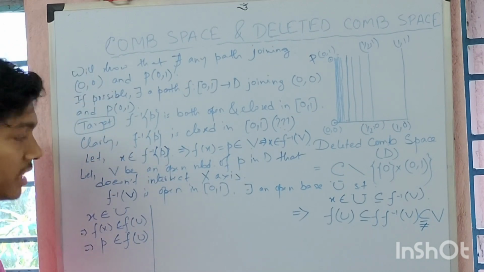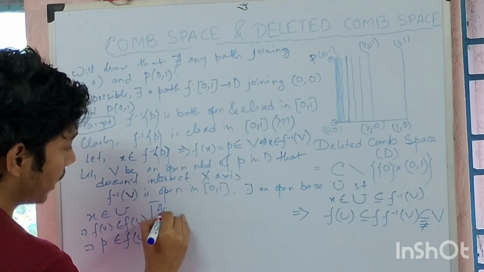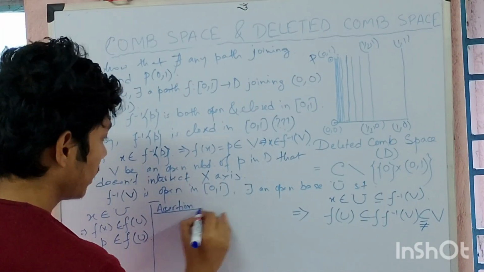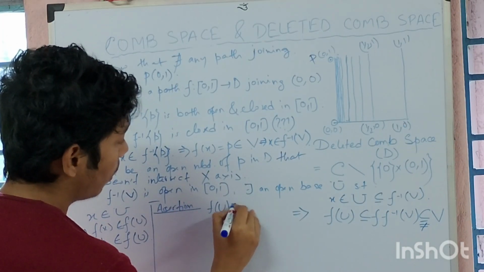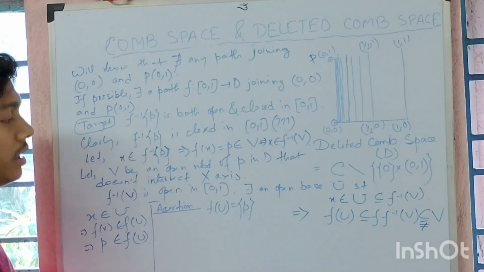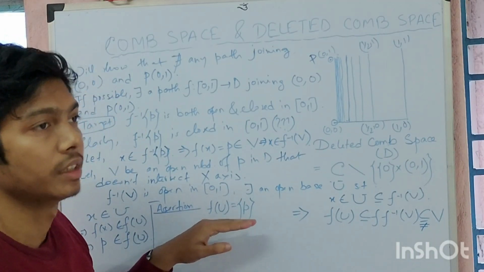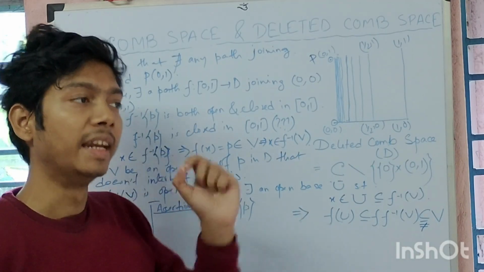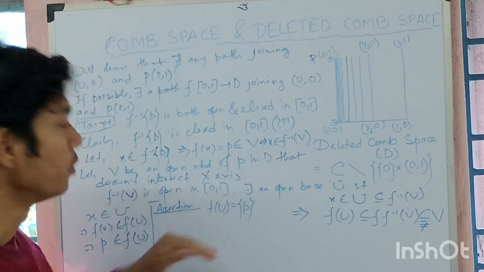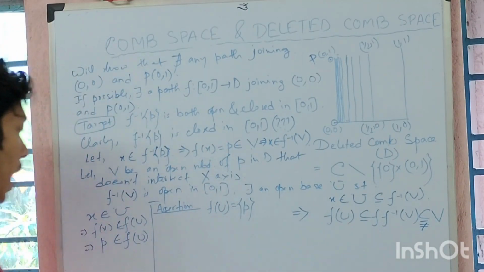Now this is my assertion: F of U will only contain P. There is no other element other than P in F of U. I shall prove that.